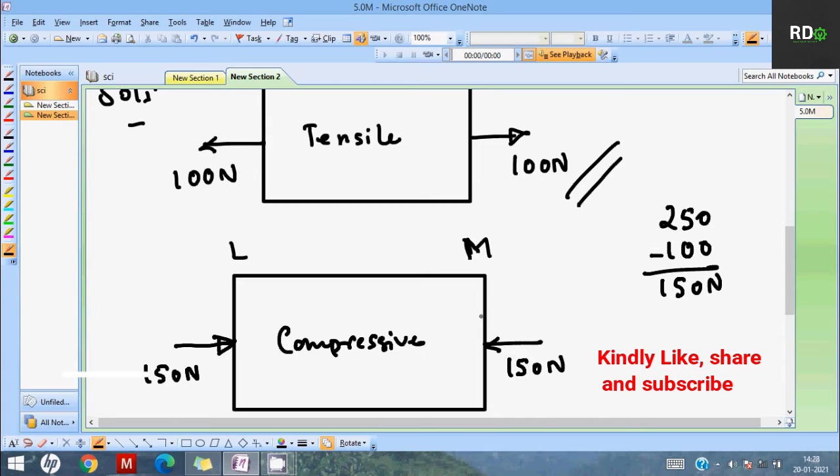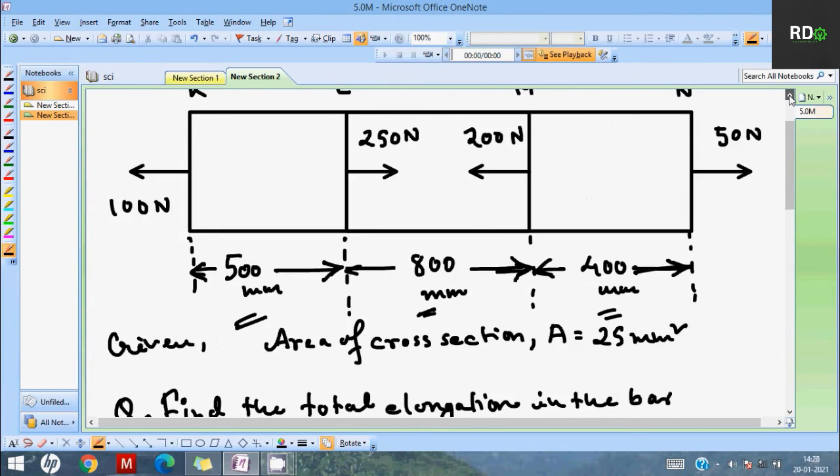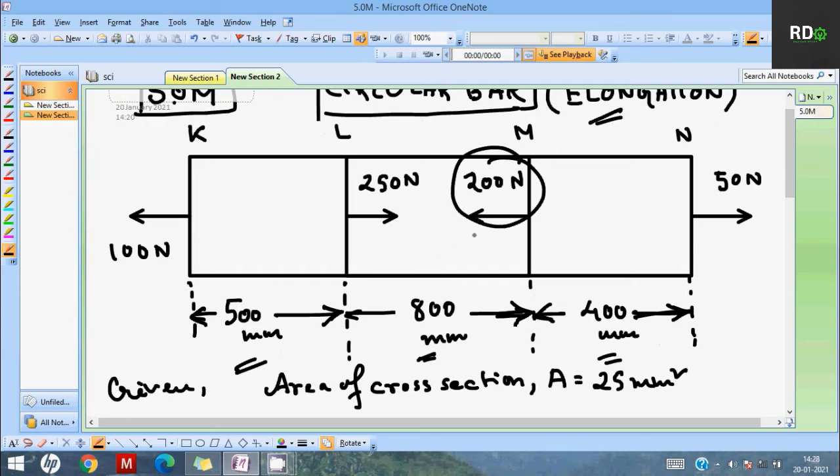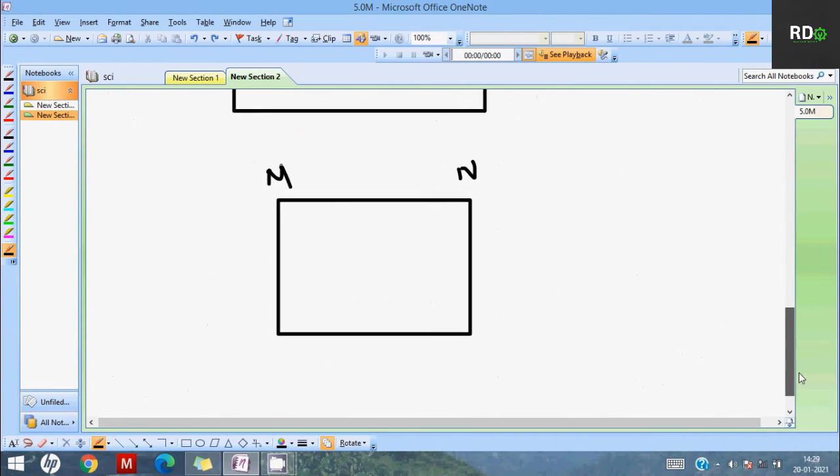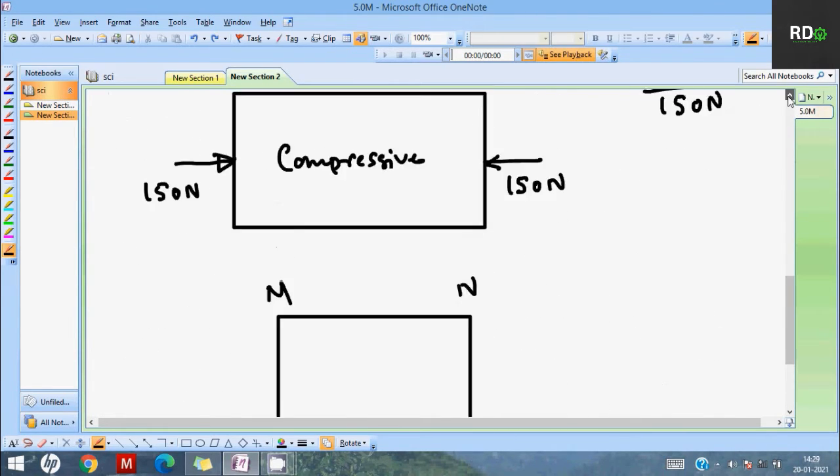Are you following me? Now out of 150, you can see here this is 200 Newton towards the left direction, from right to left. Out of 200, how much have we used? 150. So 200 minus 150 is 50 Newton.